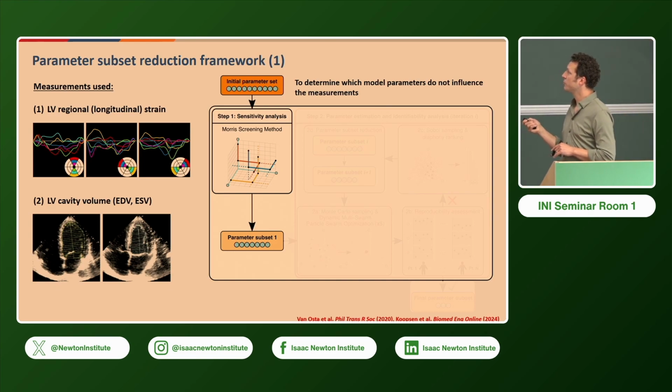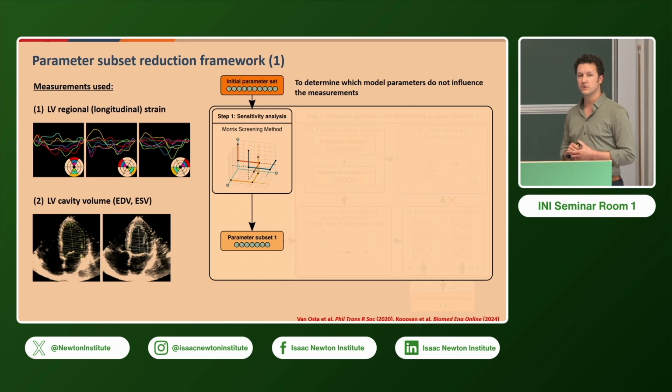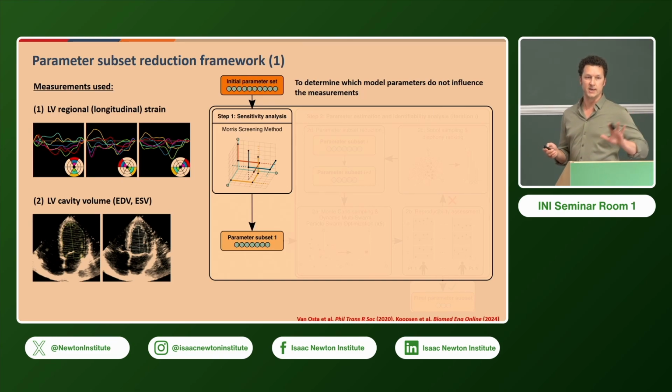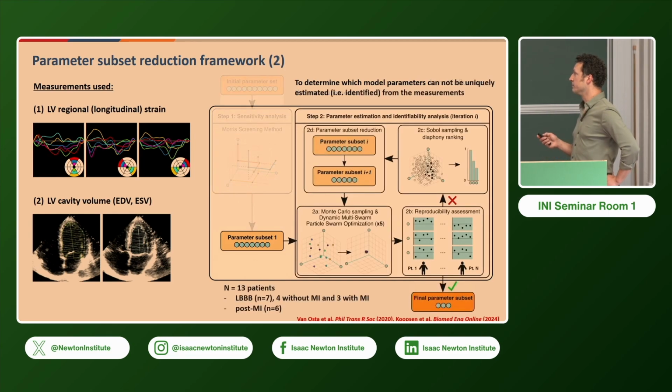We spent quite some time reducing our model complexity, because CircAdapt with 18 segments contains about 300 parameters, and by no way can you estimate that from this limited amount of information. So we use a global sensitivity analysis to take out many parameters that do not have an effect on regional strain patterns or volumes.